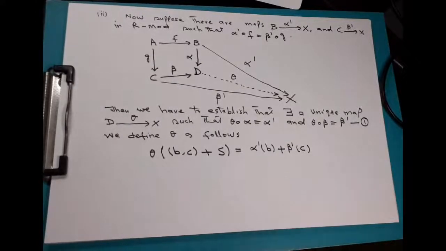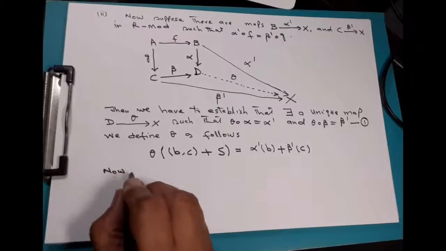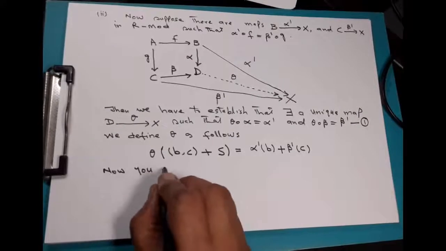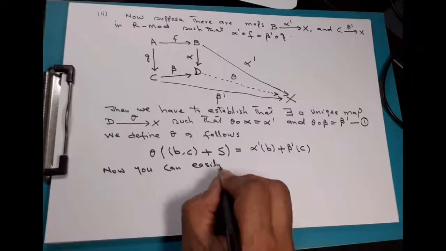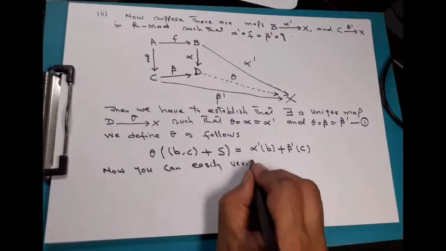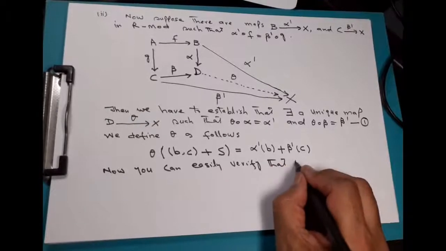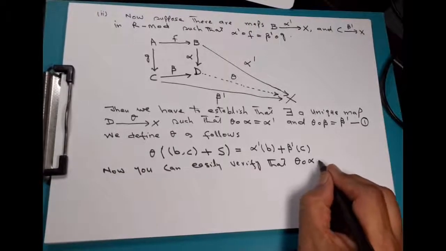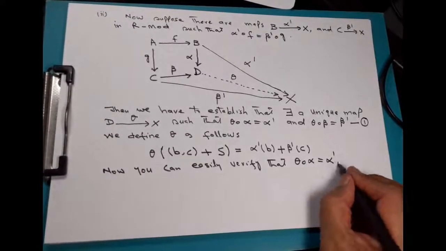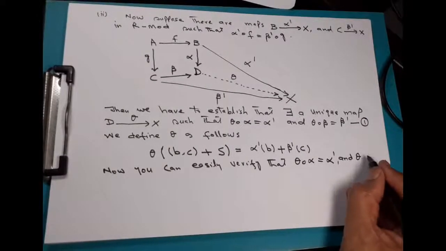Now you can easily verify that, with the way theta is defined, theta composed with alpha is equal to alpha dash, and theta composed with beta is equal to beta dash.